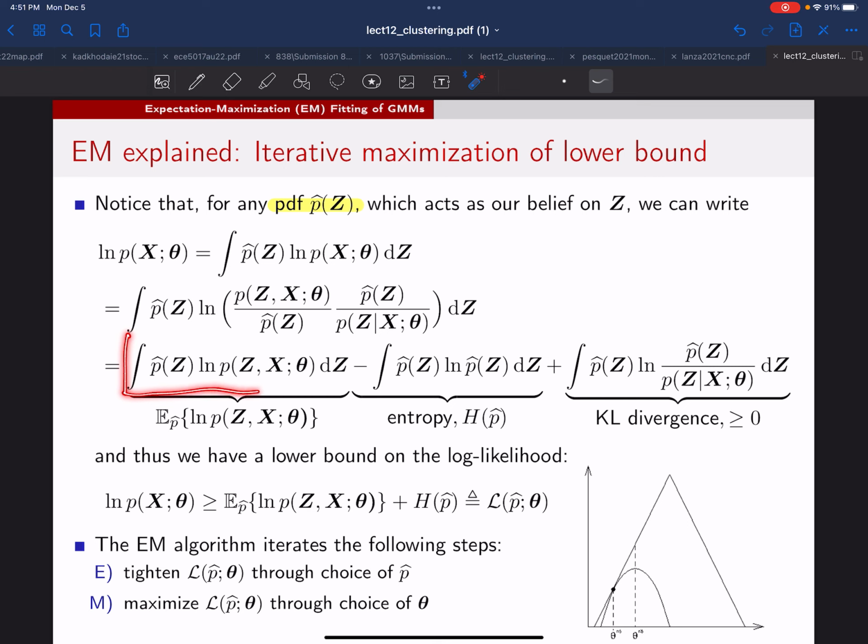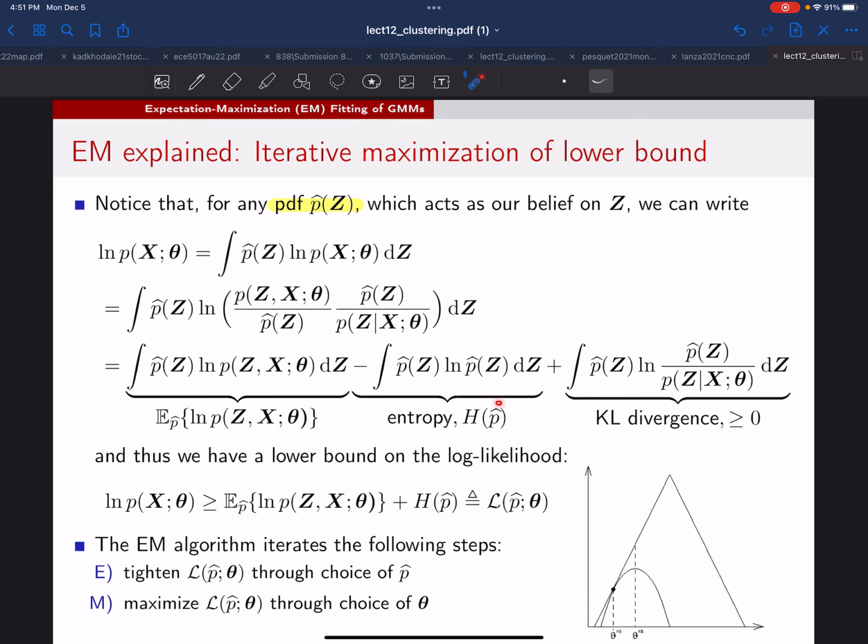The very first integral is exactly what we saw similar to our Q function. We're averaging over our belief function of the log of the joint probability. The second term is something that, if you have seen any information theory, you would recognize as the entropy of the p hat distribution.